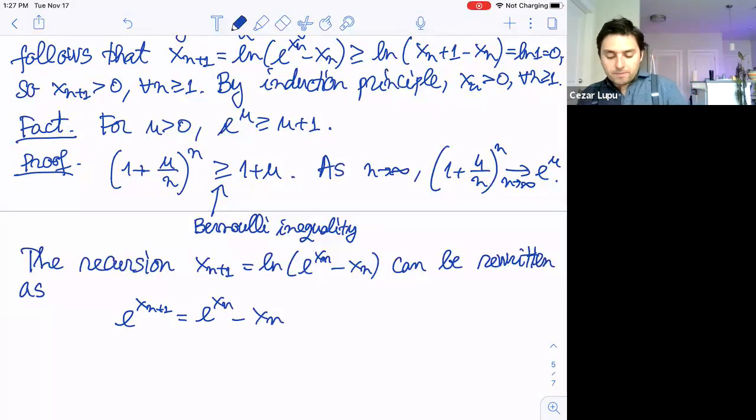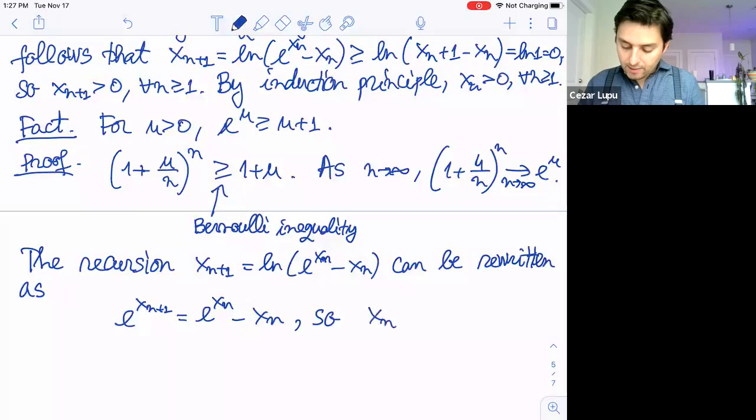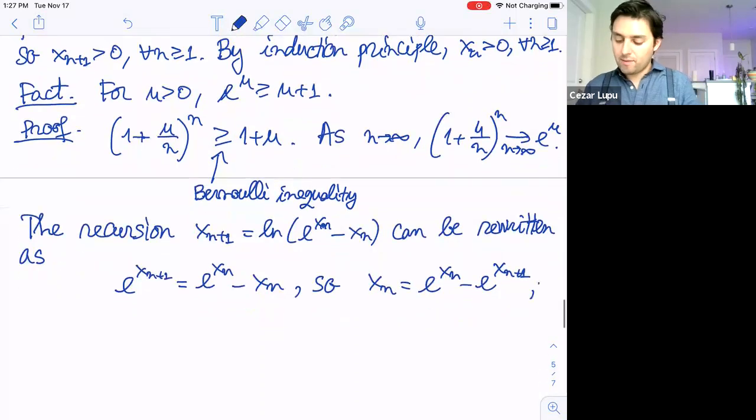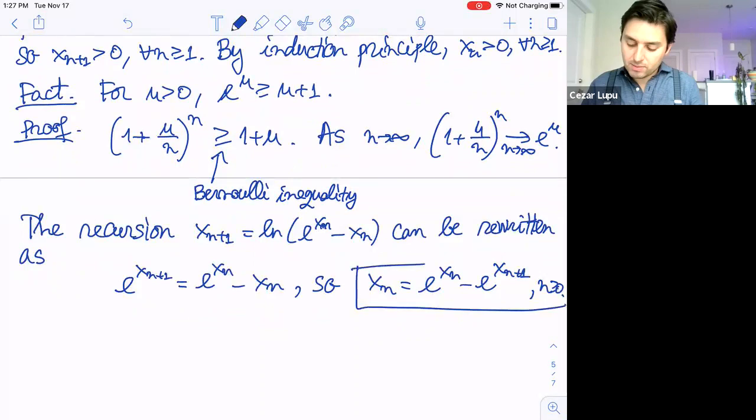So we can write it in this way. And now xn, if you want, is e to the xn minus e to the xn plus 1, for n greater than 0. So let's keep this in mind.